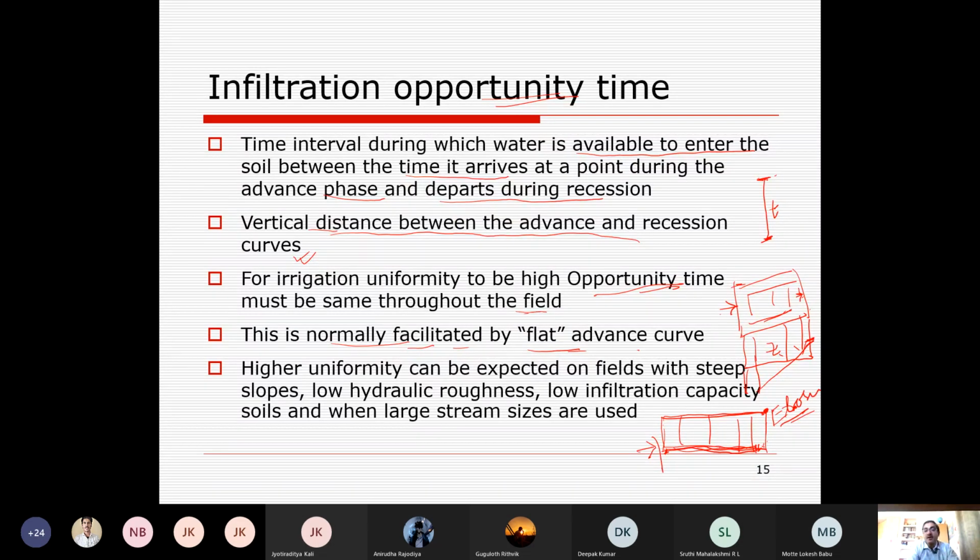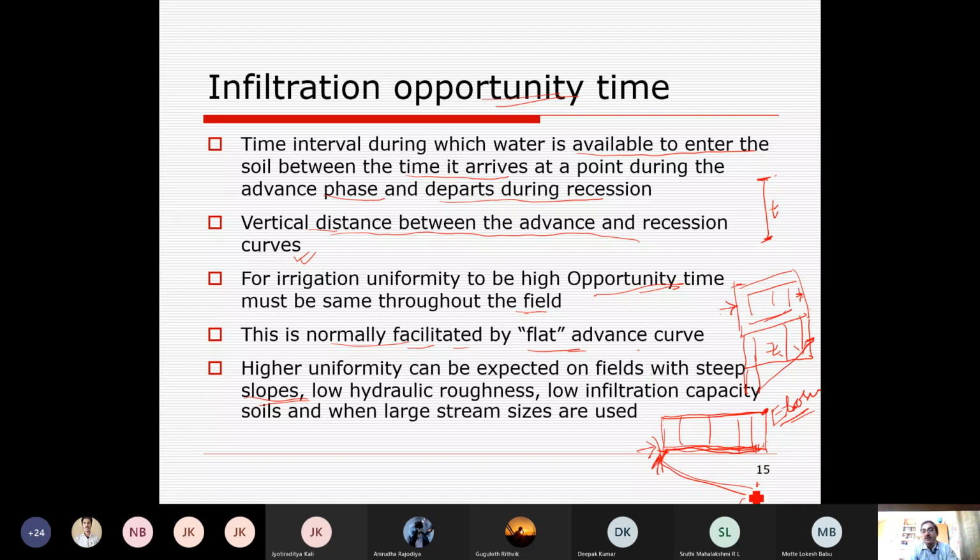Higher uniformity can be expected on fields with steep slope. Once the slope is very high, immediately water will go to the end point, so minimum time it will take to advance water from the inflow point to the end of the field.